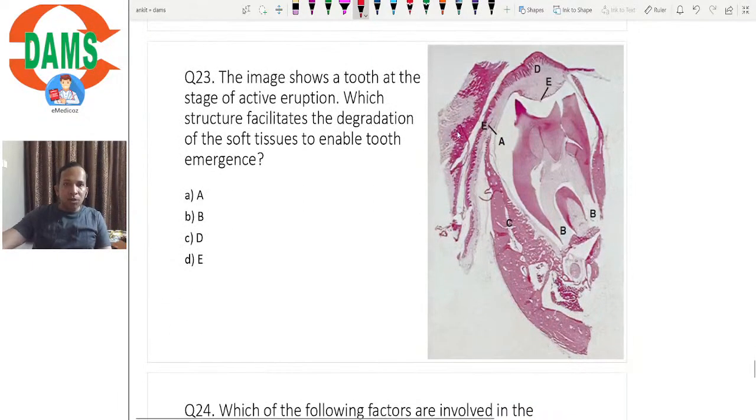The image shows a tooth at the stage of active eruption. This is a histological diagram, isn't it? And it shows a tooth at the stage of active eruption. Which structure facilitates the degradation of the soft tissue to enable tooth emergence? So this at the top is the tooth, can you see the structure? Let me highlight it for you. Look here, this is it.